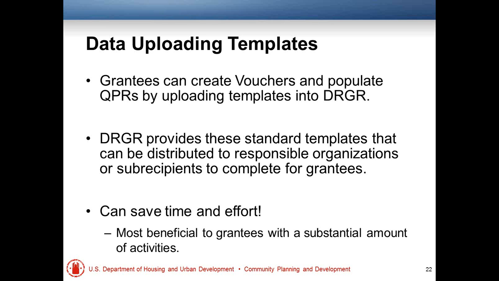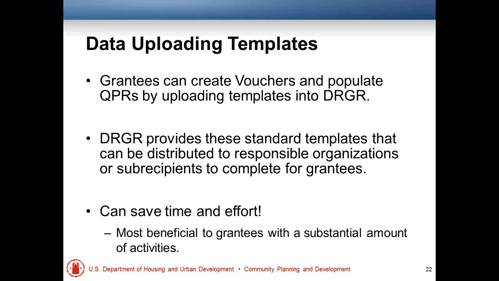So an example here, especially as it relates to QPRs, is you're going to be able to create vouchers and populate QPRs by just uploading some templates into DRGR. For those of you with large vouchers with multiple line items, that's been pretty essential. DRGR actually provides you with standardized templates.